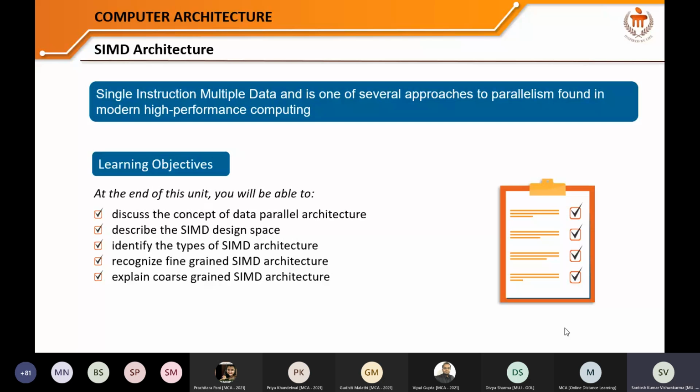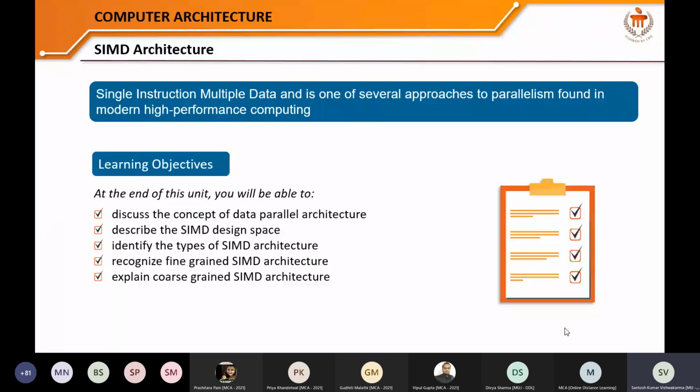We covered Flynn's classification in the very beginning of this course, in unit number 2, where we learned about the different classifications of parallel systems. Single instruction multiple data, in short known as SIMD, is one of the several approaches to parallelism found in modern high performance computing, and it has been very feasible.